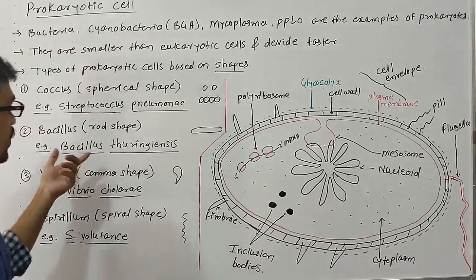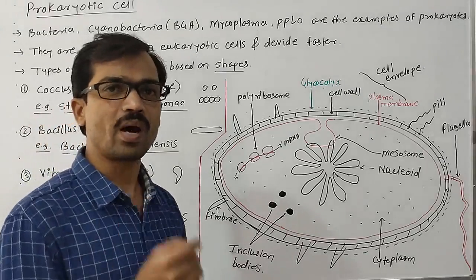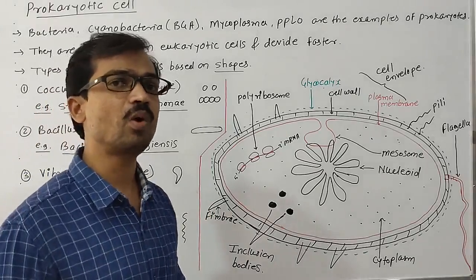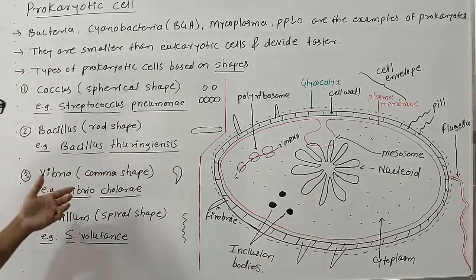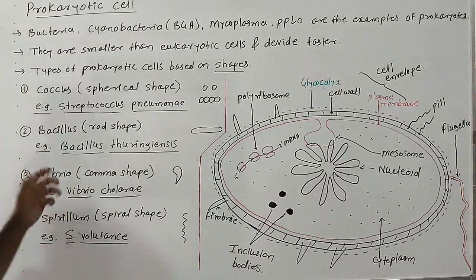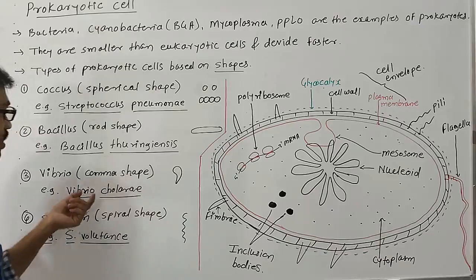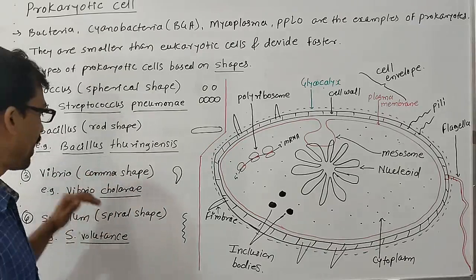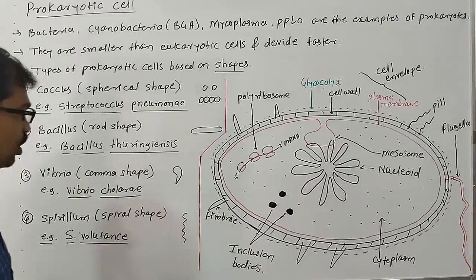A small part of this bacterium's genetic material is actually used in the production of BT cotton that we use these days. The third shape is Vibrio, which is comma-shaped, and the example is Vibrio cholerae, which causes cholera in humans.